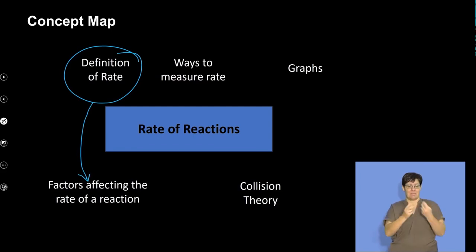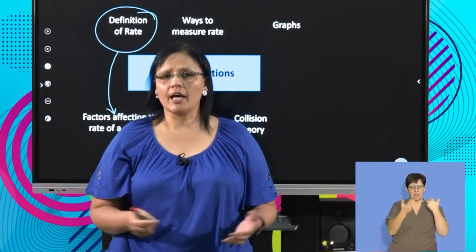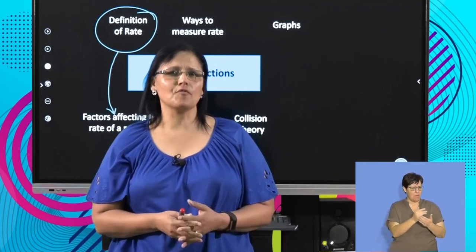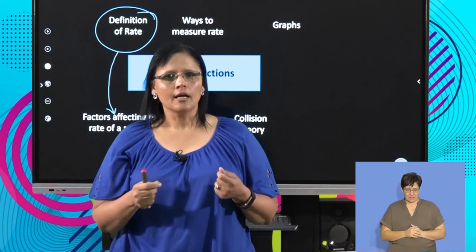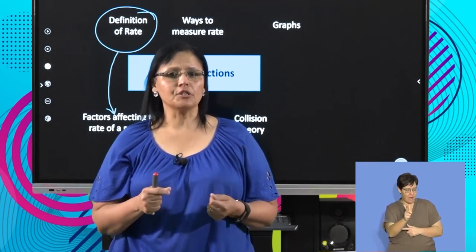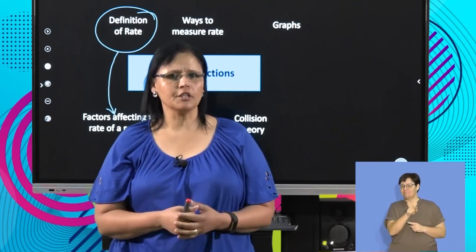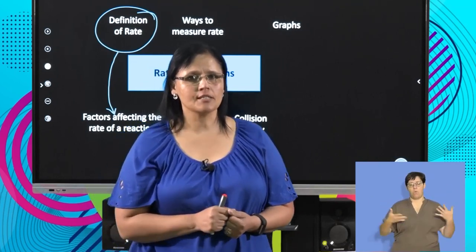Some of our reactions take longer and some are very short reactions. Looking at the factors at a later stage, we will be able to see how we can alter a reaction to make it faster or slower.